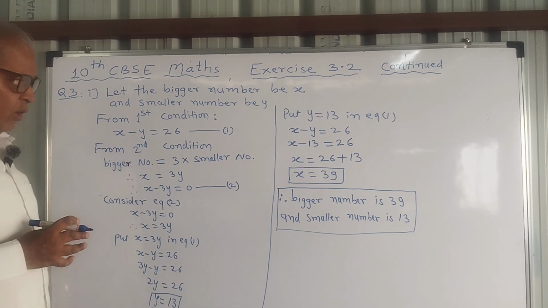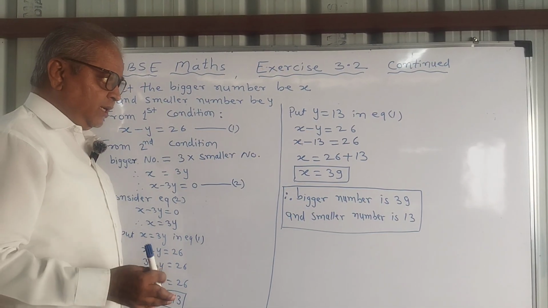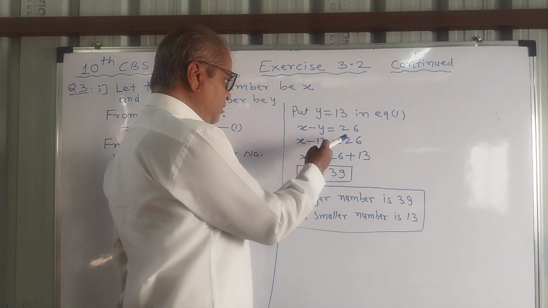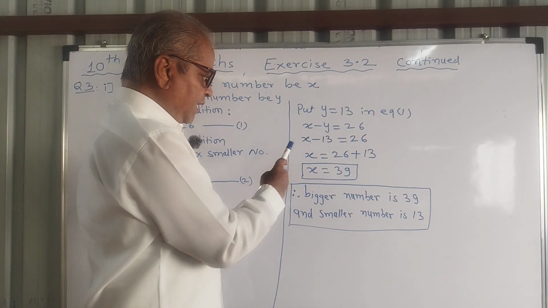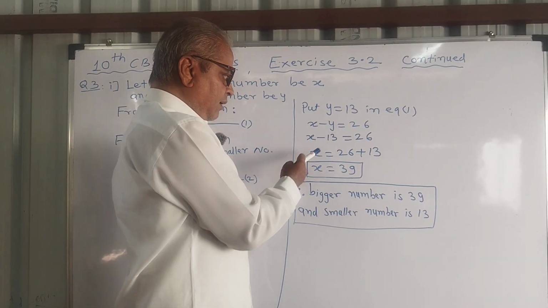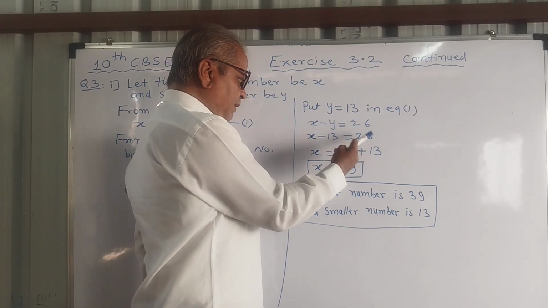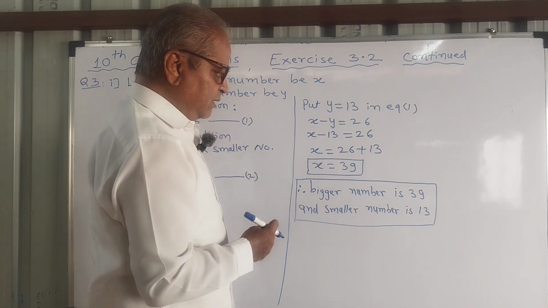Once we got the value of one variable, put that value in any equation. So here I will put it in equation number 1. So x minus y is equals to 26. So x minus 13 is equals to 26. Minus 13, if you transfer to RHS, it will be plus 13. So x is equals to 26 plus 13.